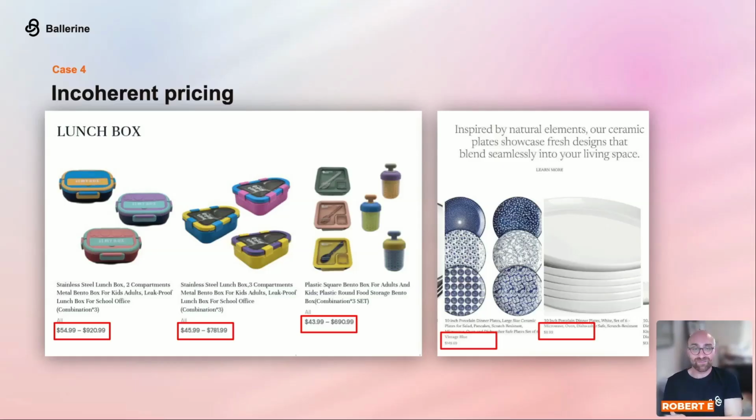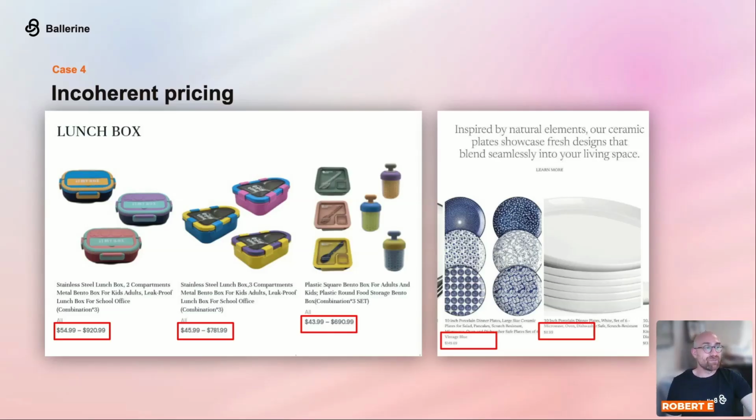I like a nice pattern, but there's no sensible reason why the same product, besides patterning and color, should have such a price discrepancy between $149 and $9.99. So these are the type of subtle signals that can help you understand this is not a real merchant. These are very, very high risk for transaction laundering.